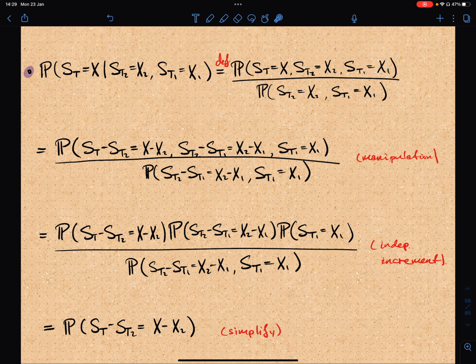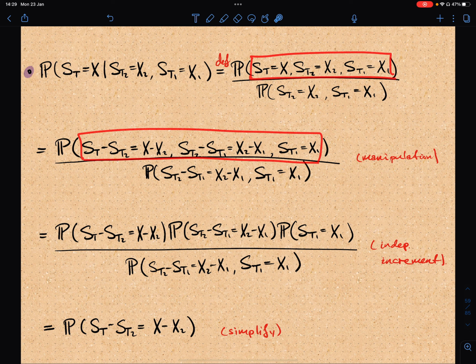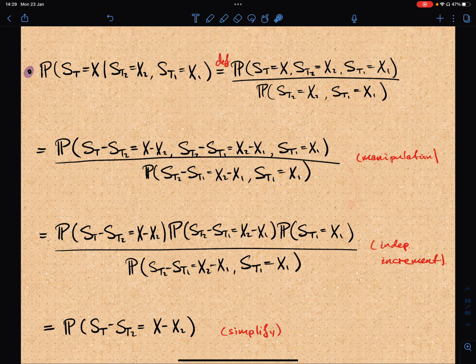Now you can check that this event here is equivalent to this other one, and the check is similar to the previous case. And now we can use the independent increment property to write this as the product of these probabilities.